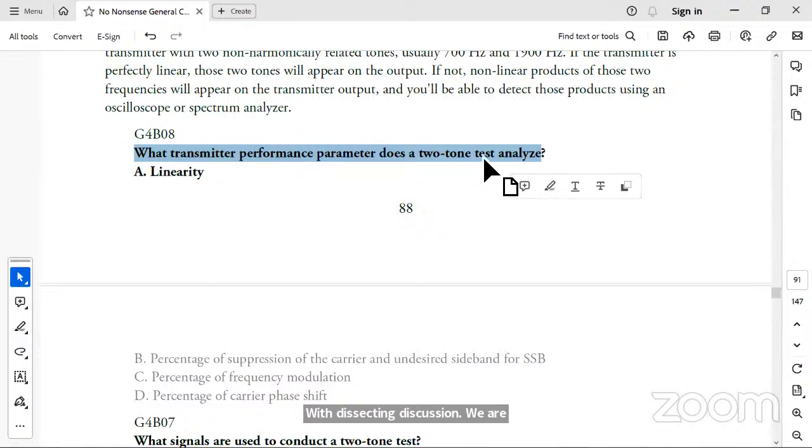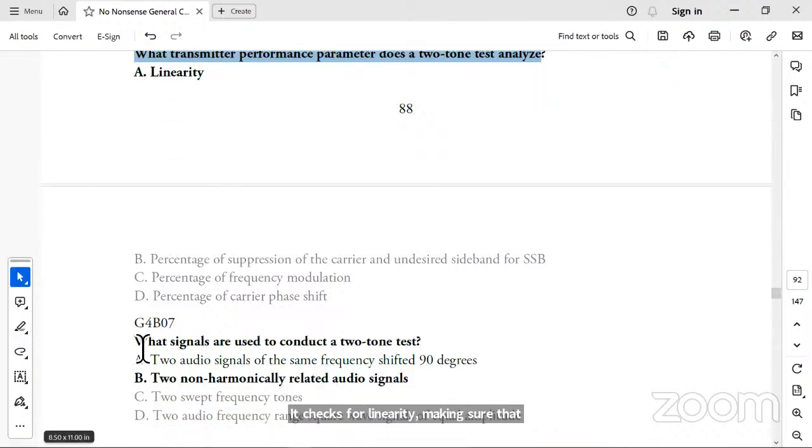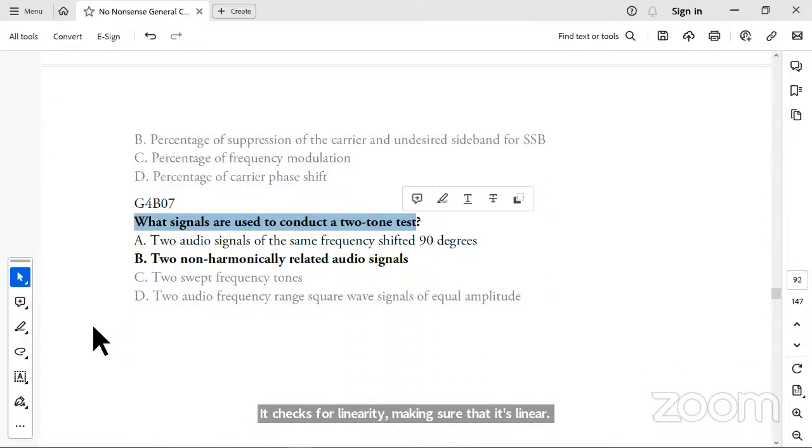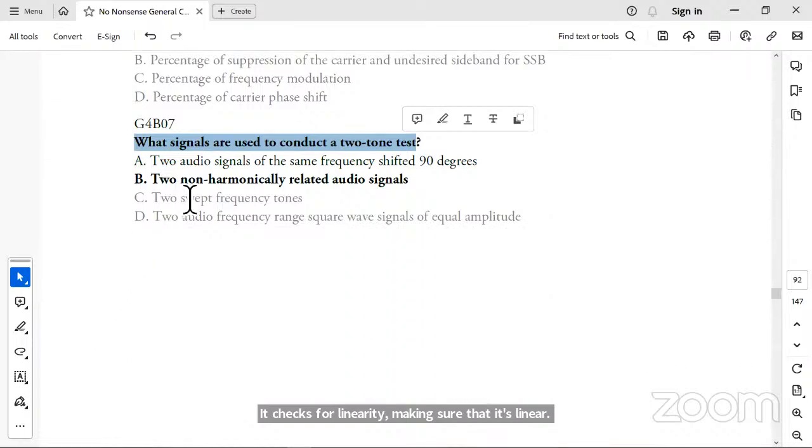We are using a two-tone test, but what does it analyze, or what transmitter performance parameter does it check for? It checks for linearity, right? Making sure that it's linear. What signals are used to conduct a two-tone test? Well, we use two non-harmonically related audio signals to conduct a two-tone test.